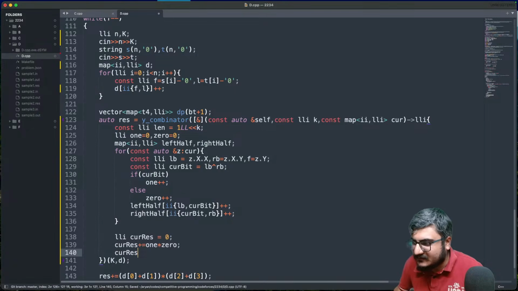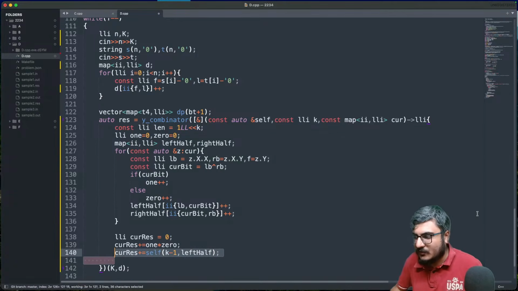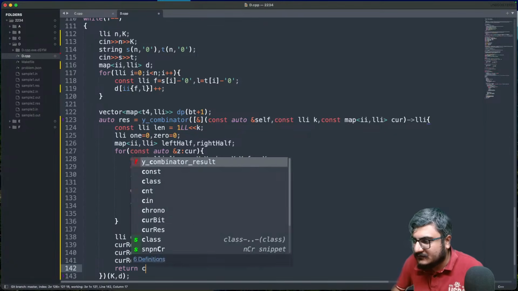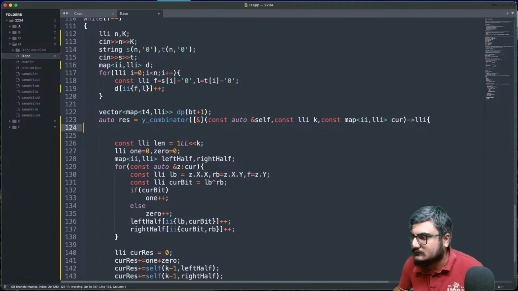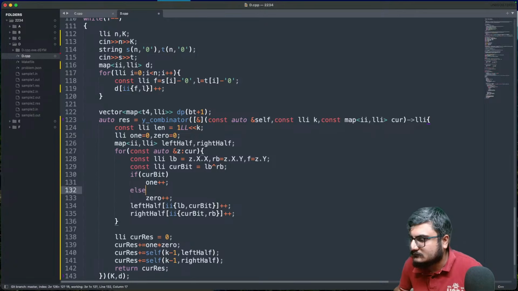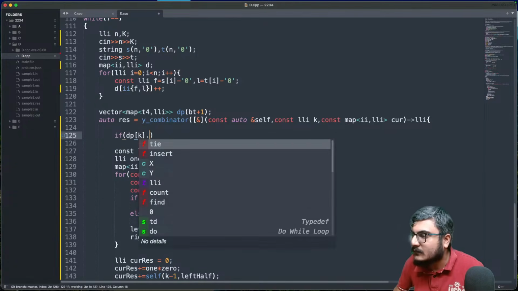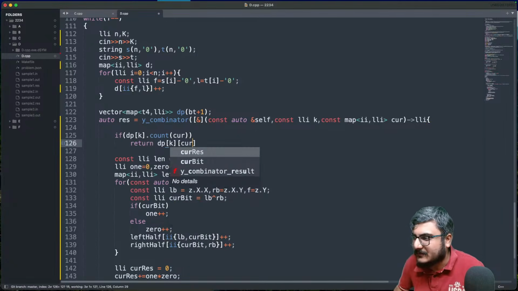And let's recursively run it for the left half. Find the sum of all the numbers in the left half. Find the sum of all the numbers in the right half. Return current result. Now what we are doing over here is, if this map is already computed, return that map.